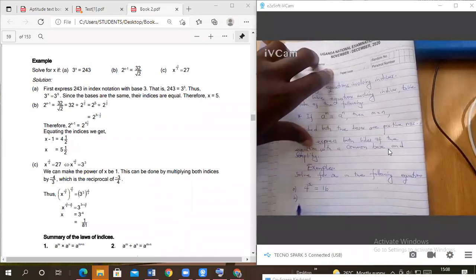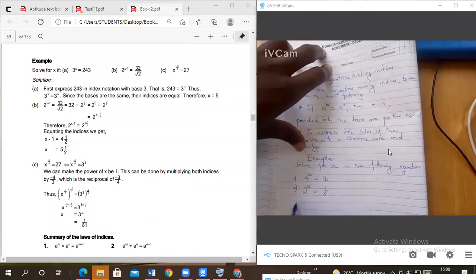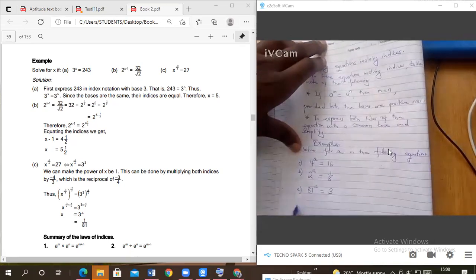B, I have 2 to the power x equals 1 out of 8. C, I have 81 to the power x equals 3. Then D, I have 2 to the power 2x plus 1 equals 32.